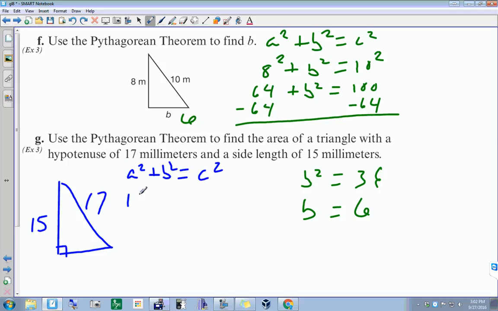I can call a 15, so 15 squared plus b squared is equal to 17 squared. Now is when the calculator comes in awfully darn handy. What is 15 squared? 225. Plus b squared is equal to 17 squared, which is what? 289.